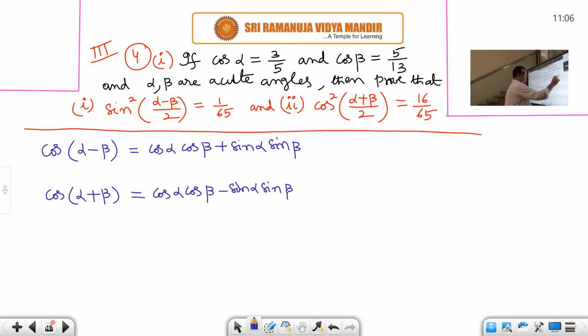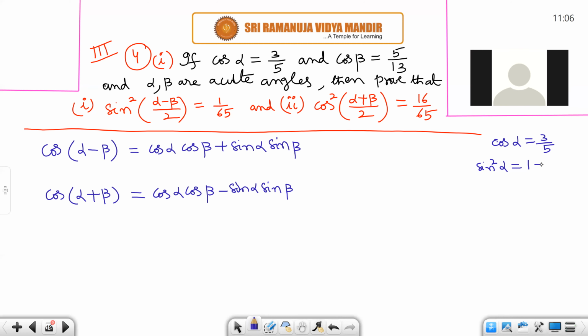Now here, go to the rough work and do it. Cos alpha is 3 by 5. So sin square alpha is equal to 1 minus what? Cos square alpha, sir.